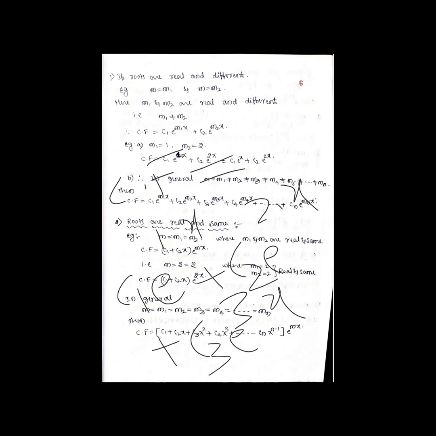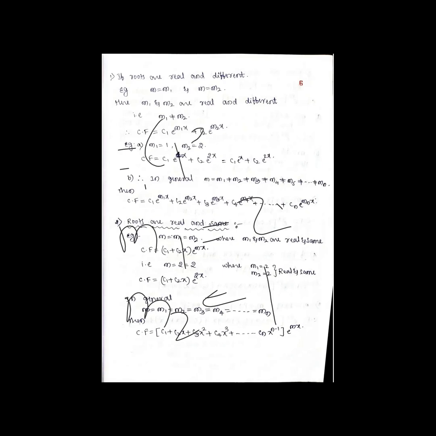If there are 4 roots, write C4 e raised to 4x; if 5 roots, C5 e raised to 5x. Order is immaterial, so if m1 is 2 and m2 is 1, you can write C1 e raised to 2x plus C2 e raised to x.